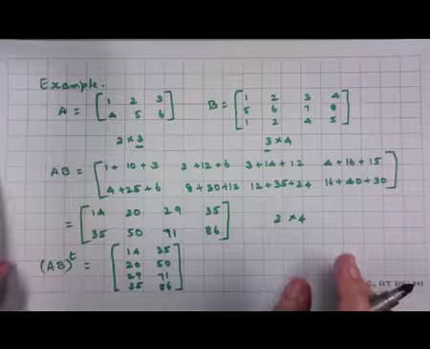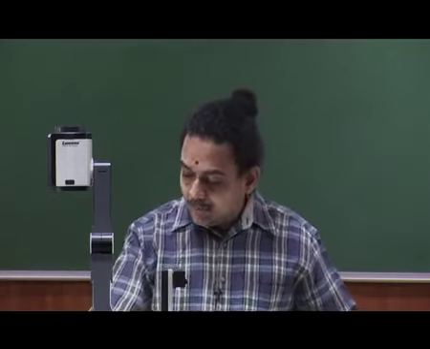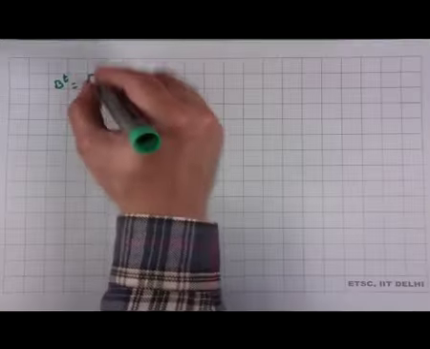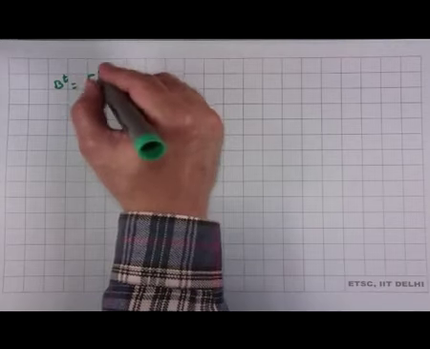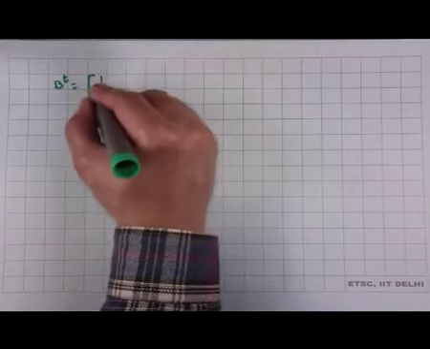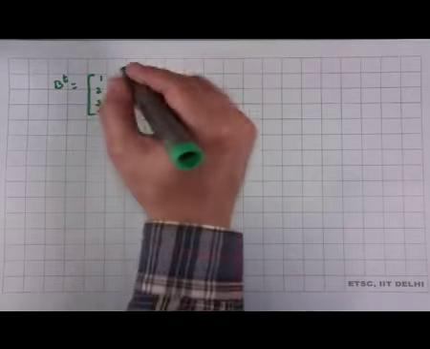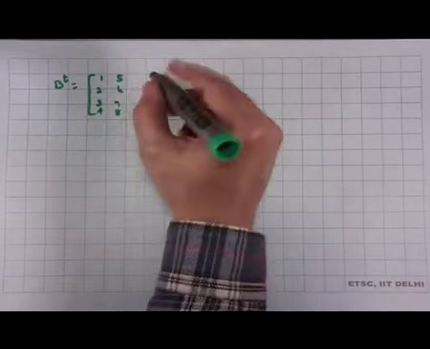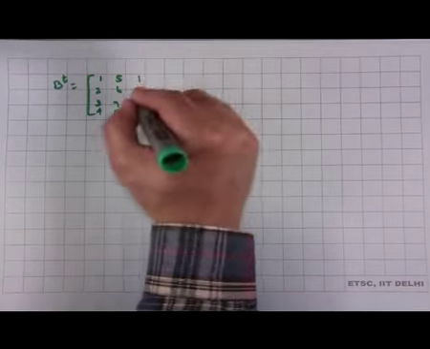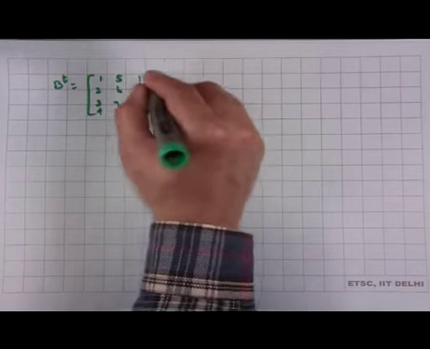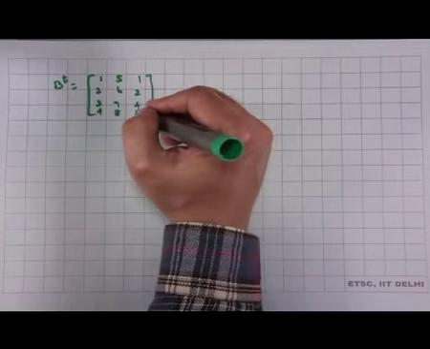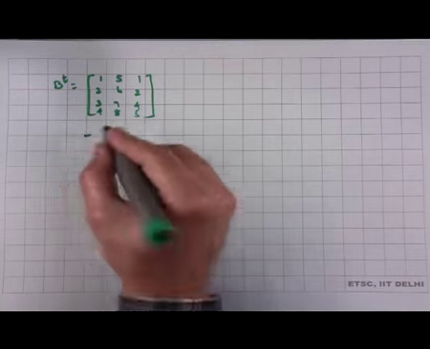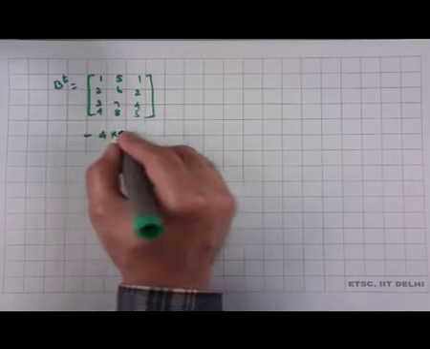I have this. Now, let us look at B transpose. B transpose is 1, 2, 3, 4, 5, 6, 7, 8 and 1, 2, 4, 5. We know that B is a matrix of order 3 by 4, and therefore B transpose is a matrix of order 4 by 3.